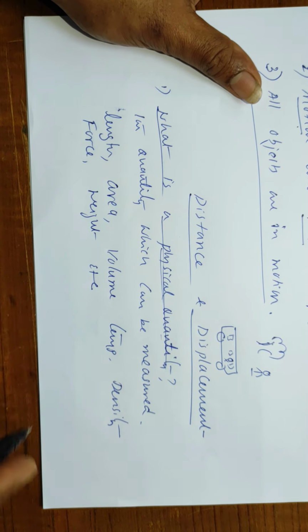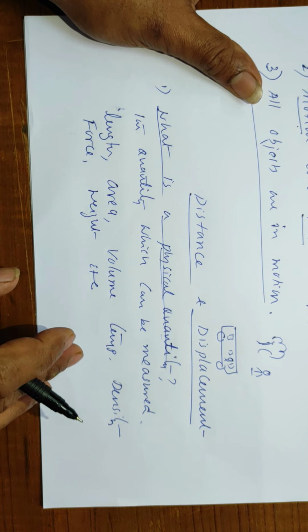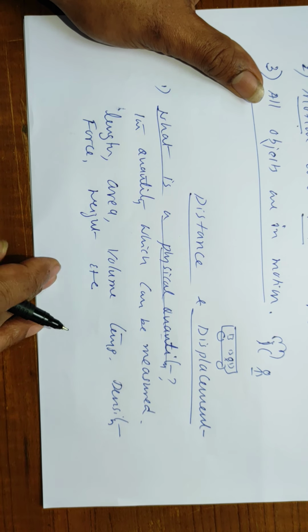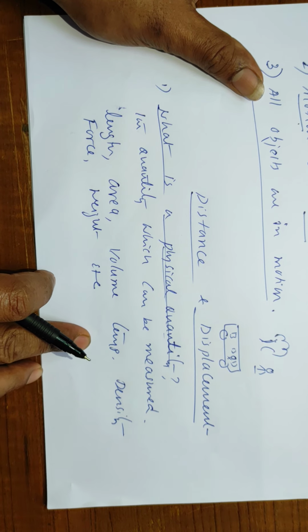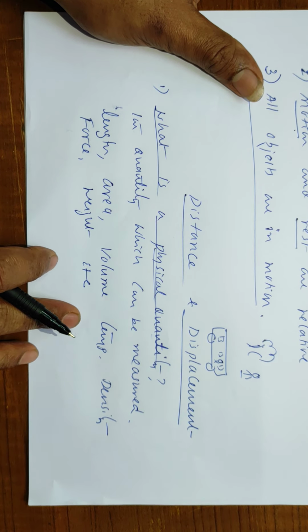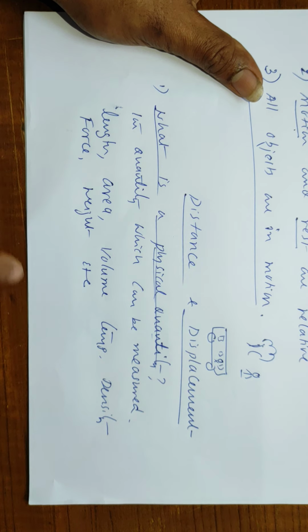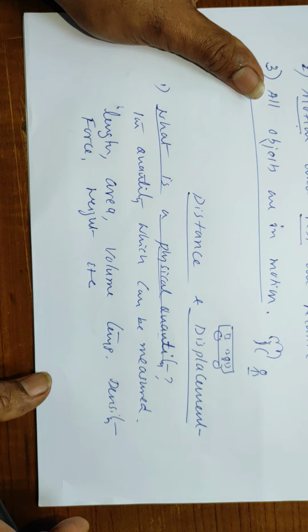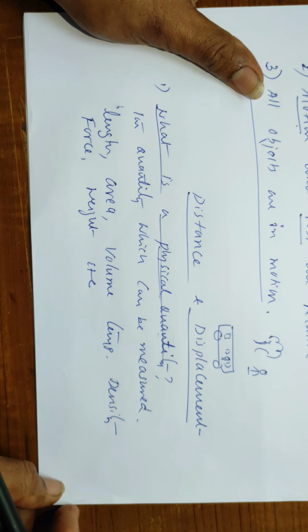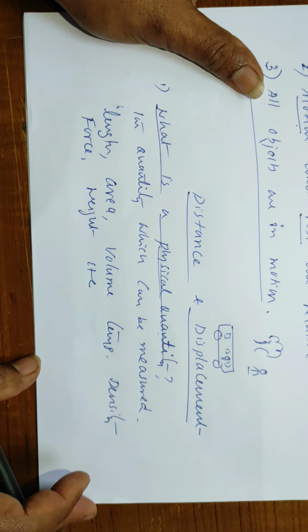Among these, certain physical quantities have only magnitude. That means the quantity is indicated just by a number along with a unit. That is called scalar quantity, which can be measured and has only magnitude.